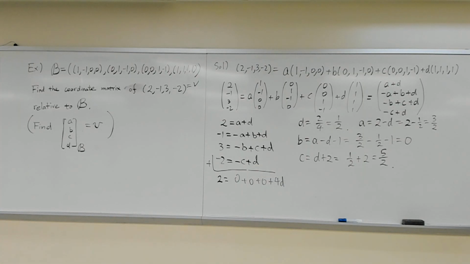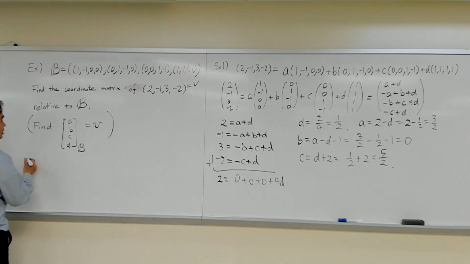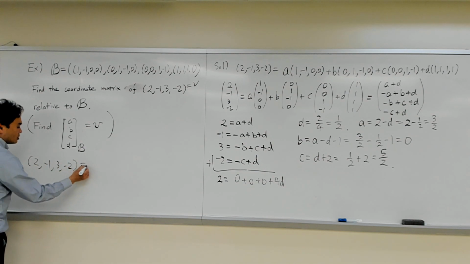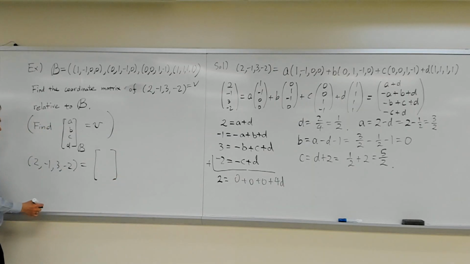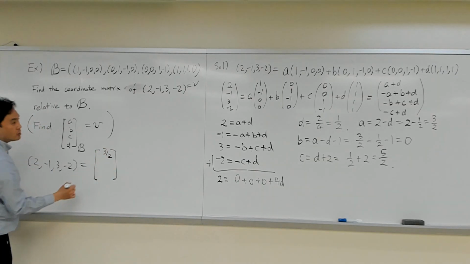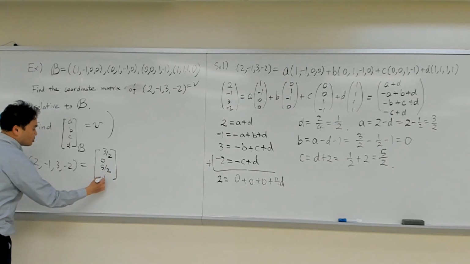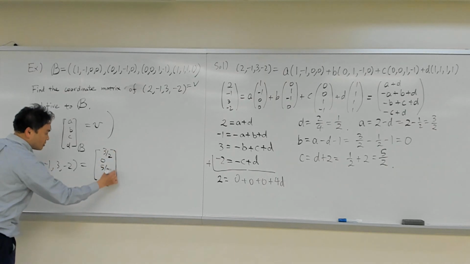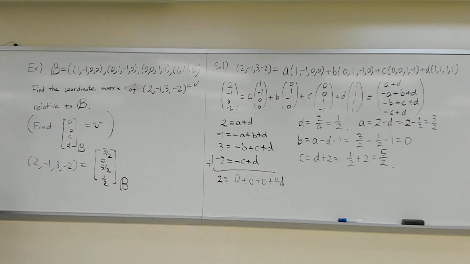And therefore we got all the values, a, b, c, d are all obtained, and the answer is that (2, -1, 3, -2) is equal to: a is 3/2, b is 0, c is 5/2, d is 1/2, relative to this basis.